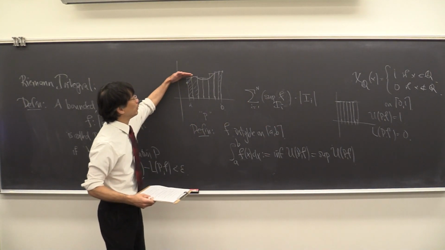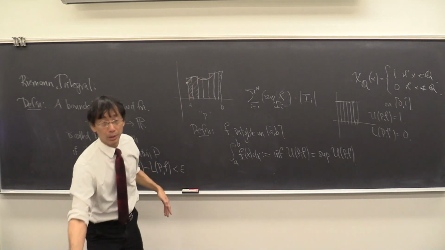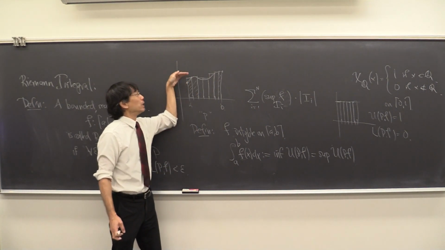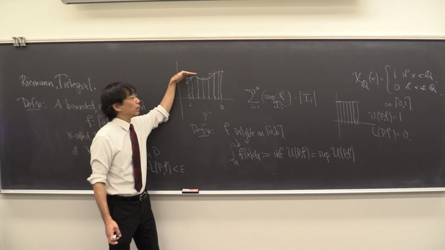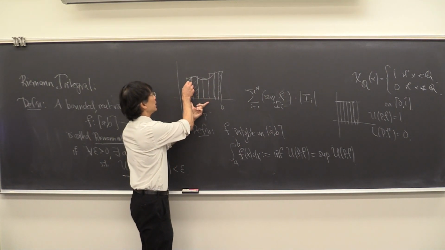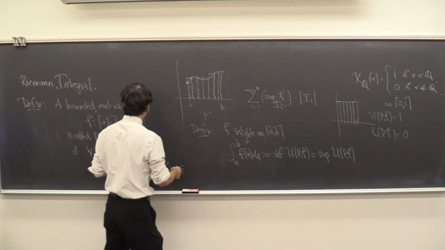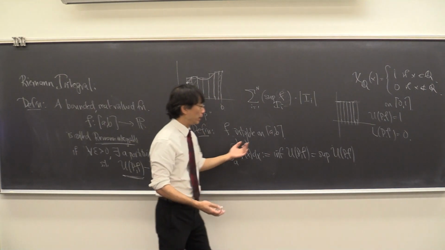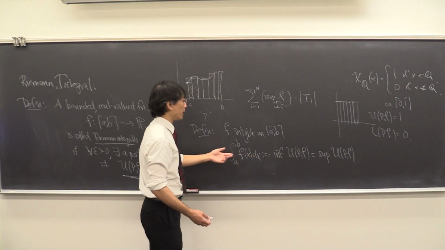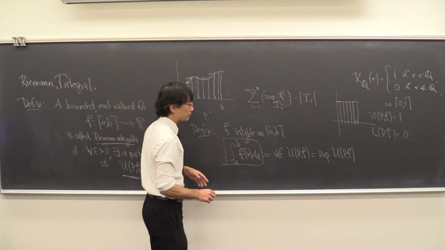So you take the upper sums and you take the infimum of the upper sums. As you take finer and finer partitions, the upper sums are going to decrease, by definition. As you take finer and finer partitions, the lower sums are going to increase. And because of the integrability condition, the infimum of the upper sums is going to equal the supremum of the lower sums. So we call that value the definite integral.